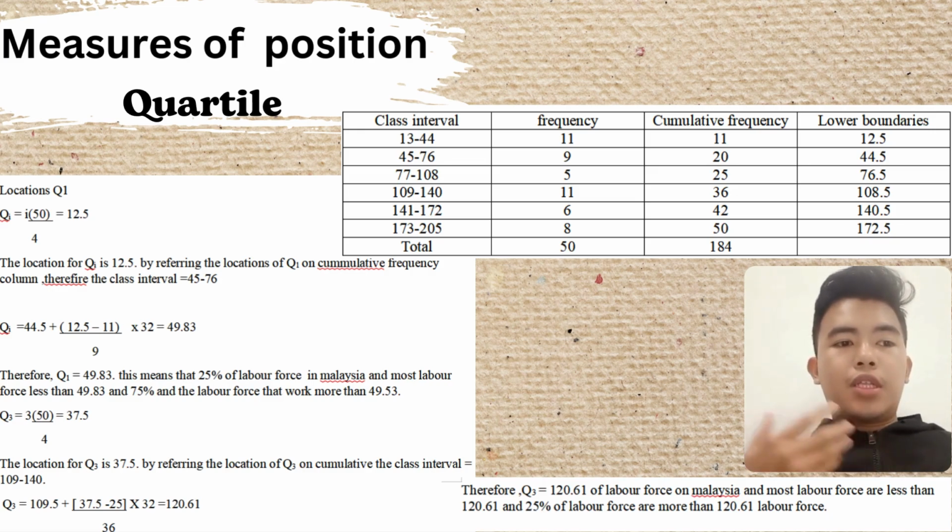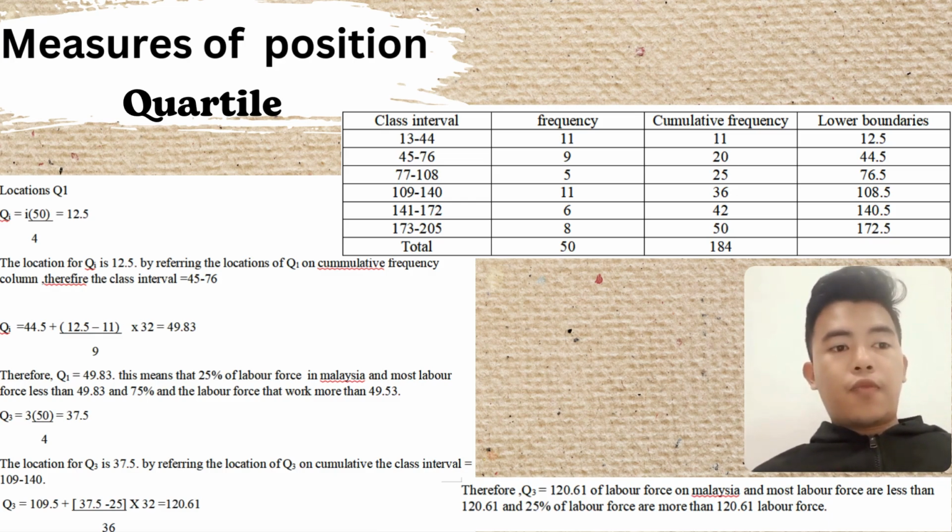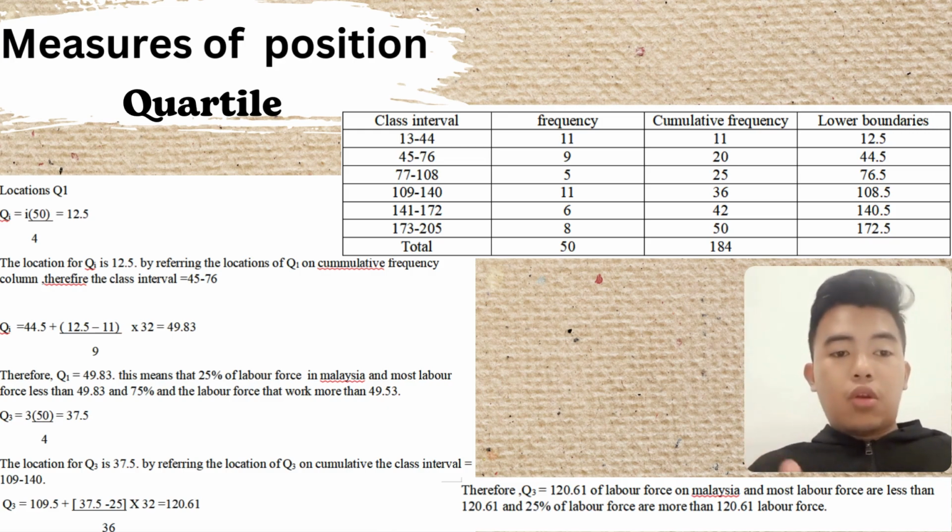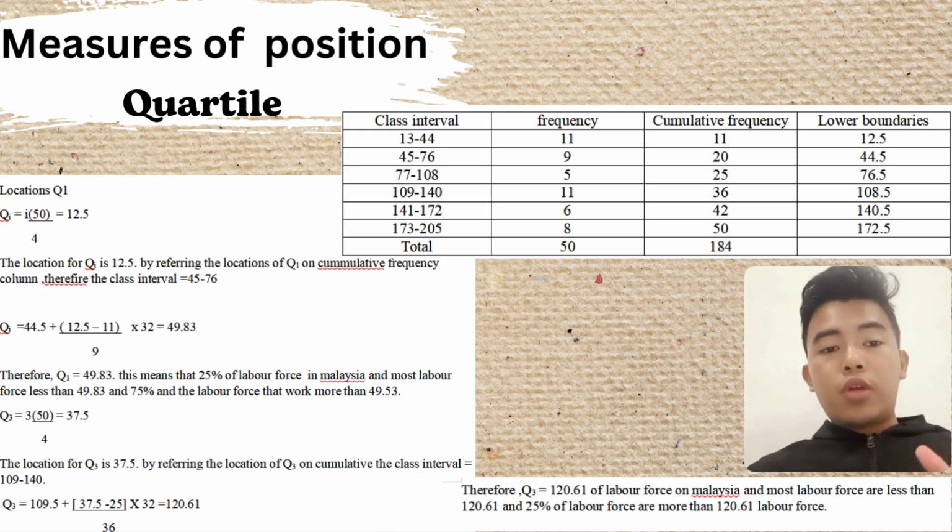After that, we need to find the location for Q3, which is 3 times 50 divided by 4. We got 37.5. So the location for Q3 is 37.5, by referring to the location of Q3 in the cumulative frequency column. So the class interval is 109 until 140.